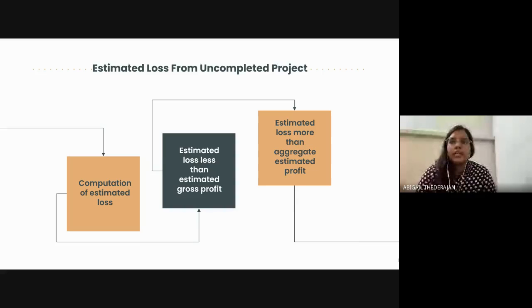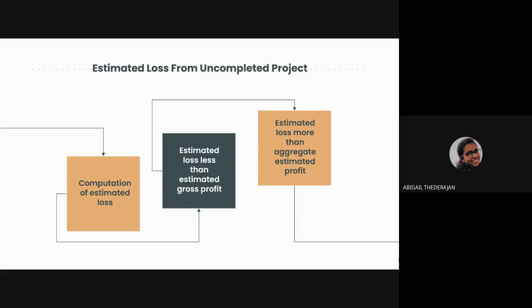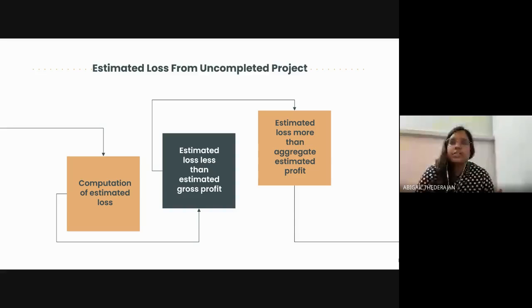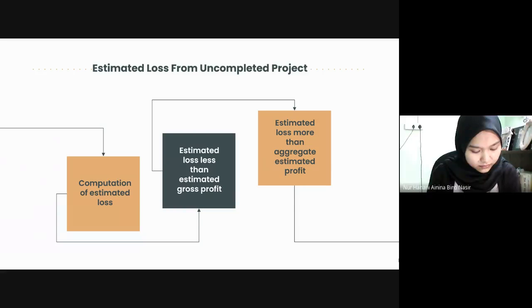Phase one there is profit, phase two there's a loss, and phase three there's also a loss. The phase one profit is 3 million, and there's a loss for 10,000 and 15,000.